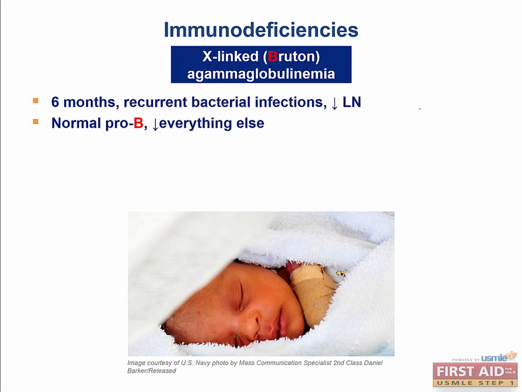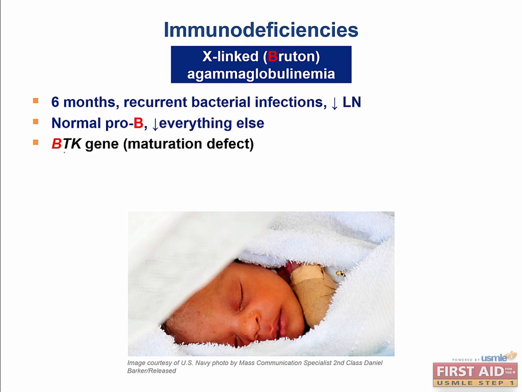It's Bruton's agammaglobulinemia. Now this is X-linked, so who's going to inherit this? Well, males. Little poor males will inherit this. And remember the letter B, because it's Bruton's, it affects B cells, and the gene is BTK.